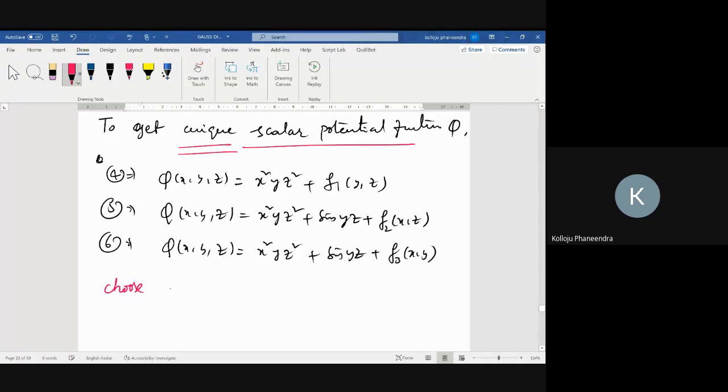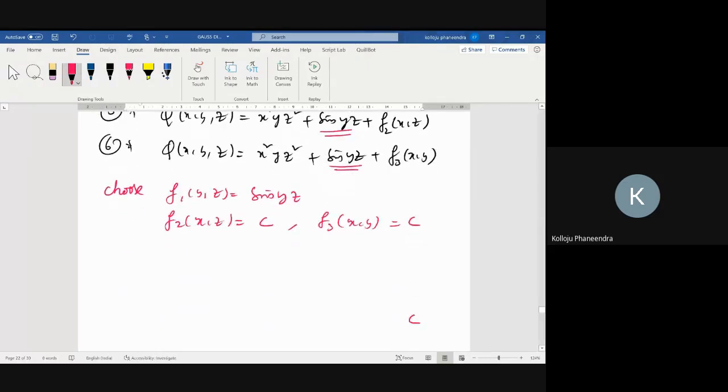Now choose f1 of yz as sin yz, because here sin yz is not there and here sin yz is there. And f2 of xz is a constant c, and f3 of xy you take as constant c. How to choose this? The idea is to take the union of all three expressions.